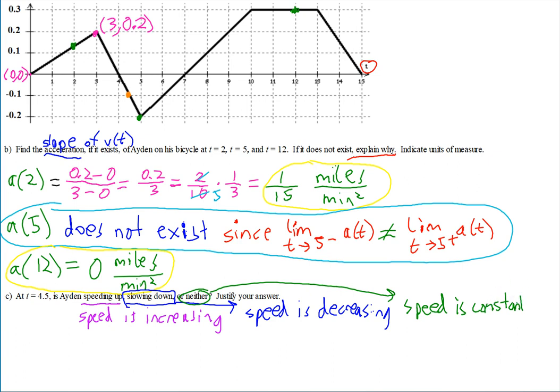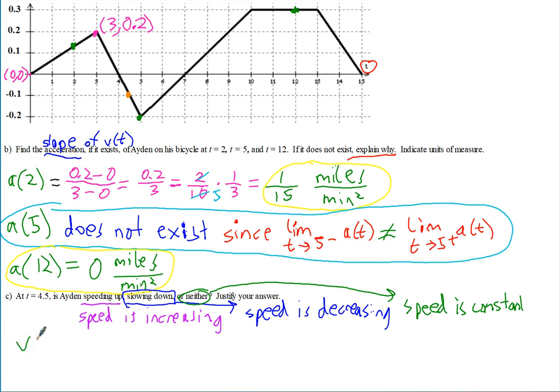All right, so remember there's two things you need to figure out if the speed is increasing or decreasing, and that's the velocity and acceleration. Because remember, speed is defined as the absolute value of velocity, so speed can never be negative. So let's look at this time 4.5 and figure out both the velocity and acceleration.